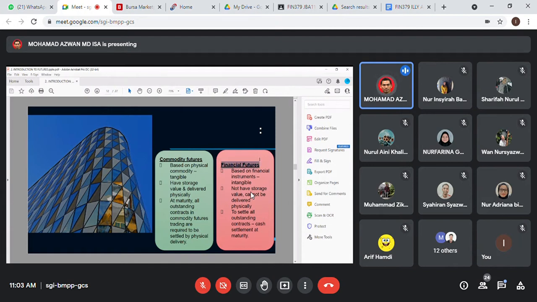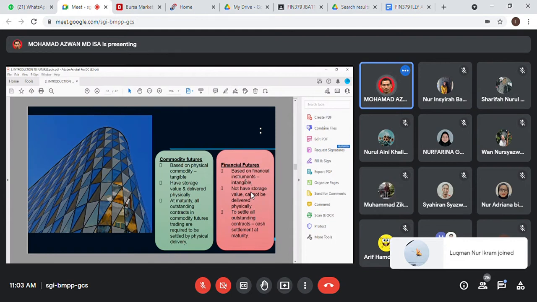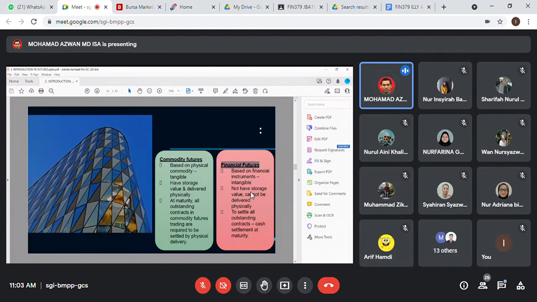And then kalau financial futures, it is based on intangible asset. Okay, intangible asset like shares, currency, okay, bond, okay, interest rate. Okay, if you trade this financial future, there is no storage. Maksudnya, you can keep it virtually, okay, virtually. You don't have to keep financial futures in the store, okay, or in the warehouse.